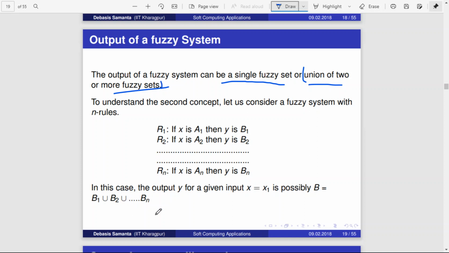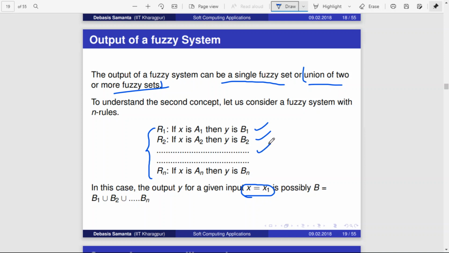consider some relations R1, R2, R3. These are some of the rules, given like this: If X is A1, then Y is B1. If X is A2, then Y is B2, and so on, up to: If X is AN, then Y is BN. So these are the rules. Assume that for a given input X equal to X1, some of the rules may be satisfied, say three rules, R1, R2 and R3.